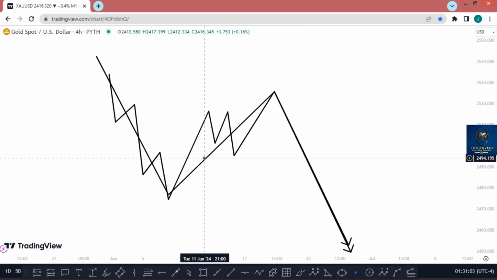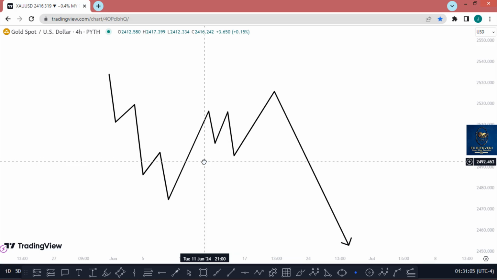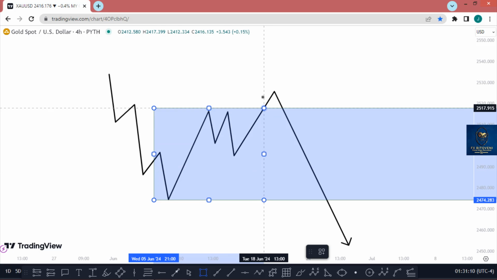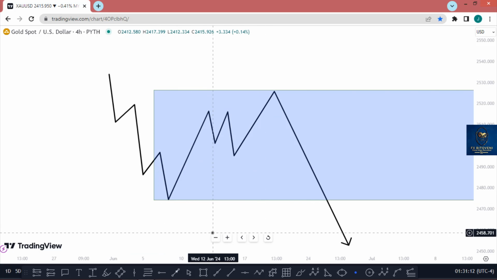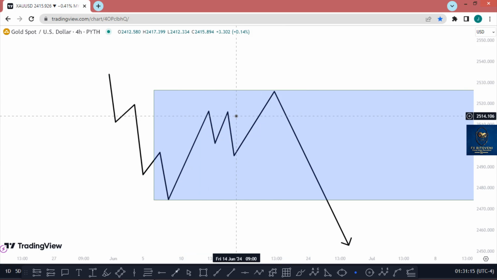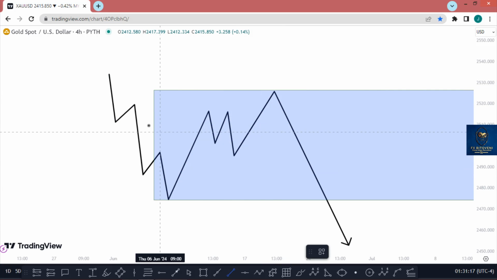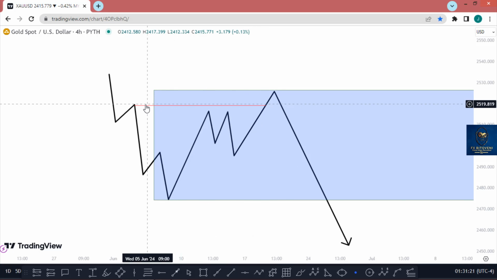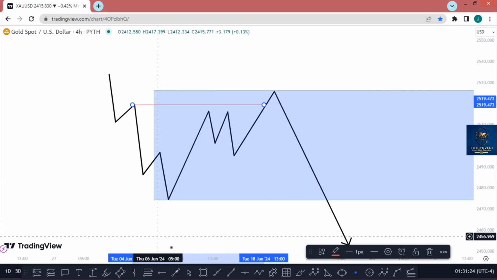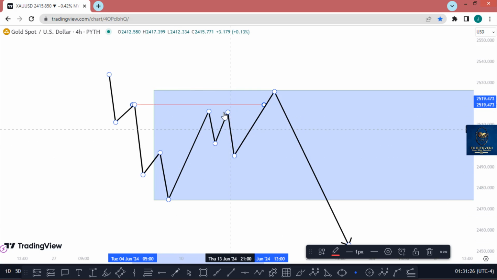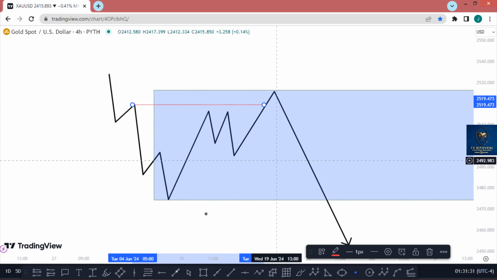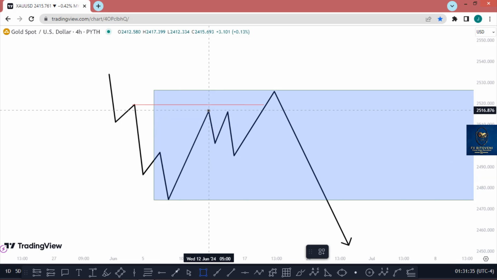If you can remove this line, you understand that the whole zone here is a redistribution. But inside this redistribution, in order for market to grab all of these liquidities resting here, they created another small reaccumulation. Remember, when we are bullish we say reaccumulation, when we are bearish we say redistribution. So they are creating another small redistribution here.